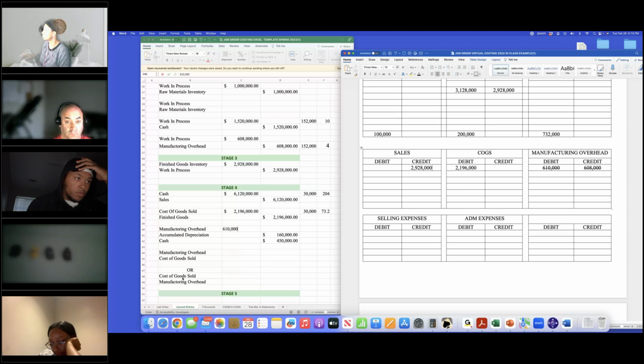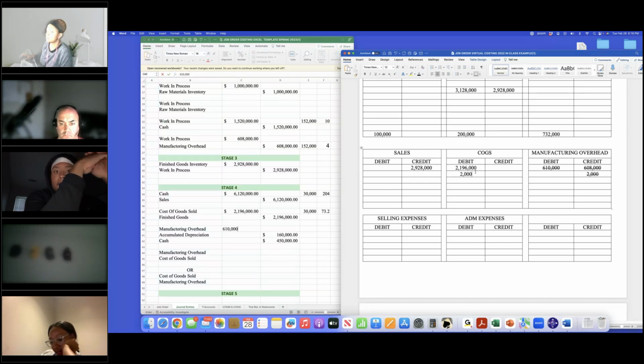What you got to realize is that this account's got to go to zero. So we got 610 and 608. We got to credit this account for 2000. It must go to zero, and we're gonna debit cost of goods sold for 2000. We're just 2000 short on the cost, and so we just put it in at this point.